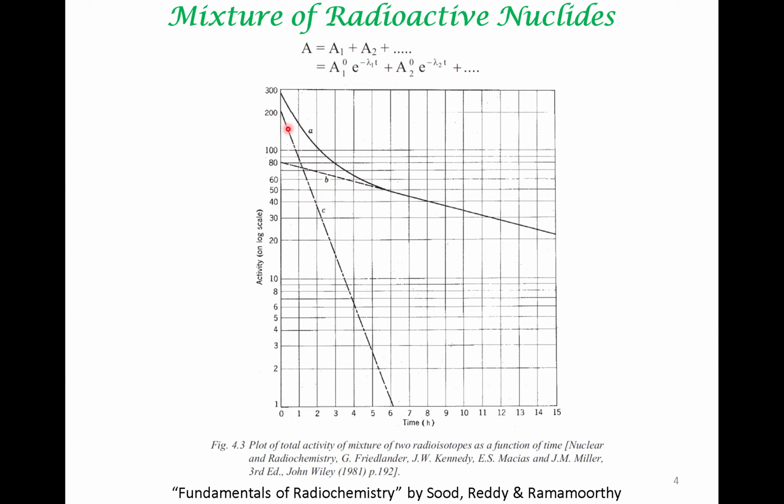In this mode, it decays much faster, T half is lesser, and this mode has greater lambda. In this mode, the T half is longer and lambda is lesser. So if the overall activity is known via certain procedures, you can get the individual decay constants. Once you have the individual decay constants, you can also get the T half.